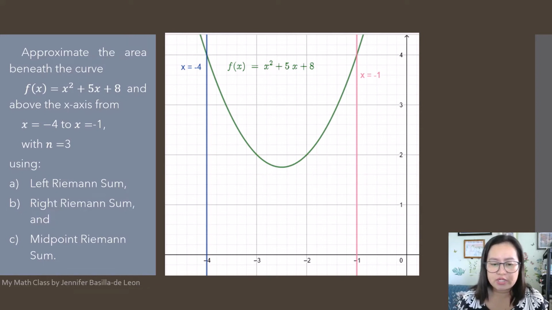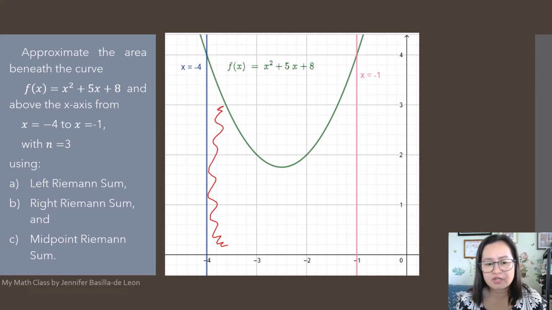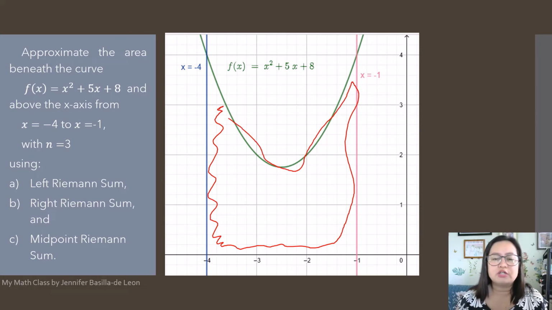So we are asked to approximate the area of this region. Now, all we have to do is to draw rectangles, 3 rectangles, since we are given n equals 3. So let's start with the left Riemann sum formula.